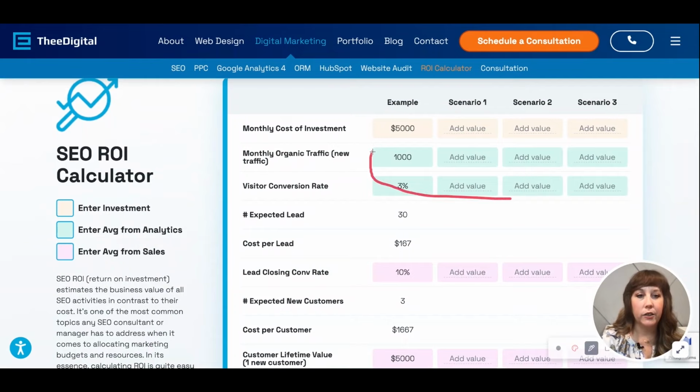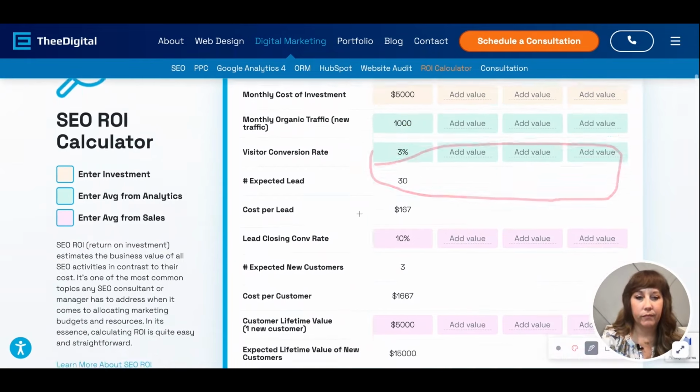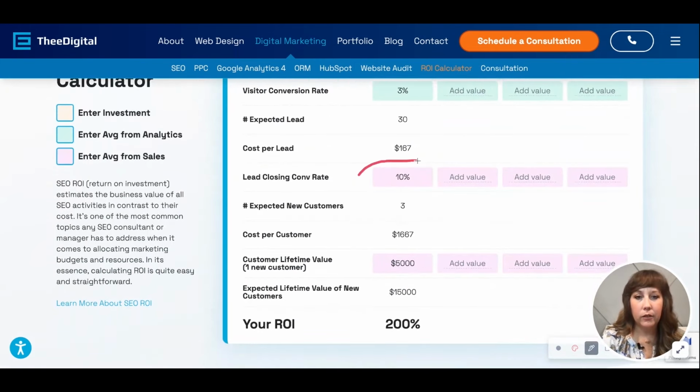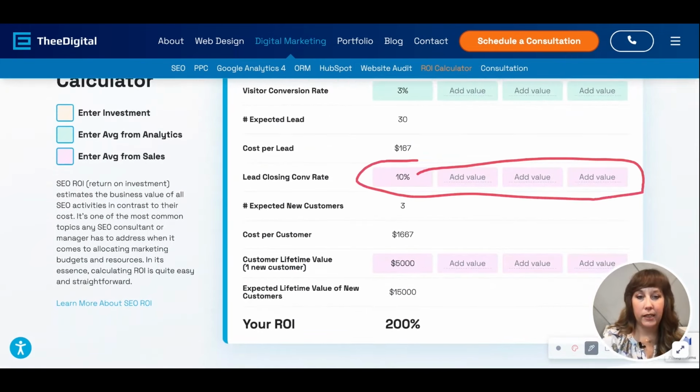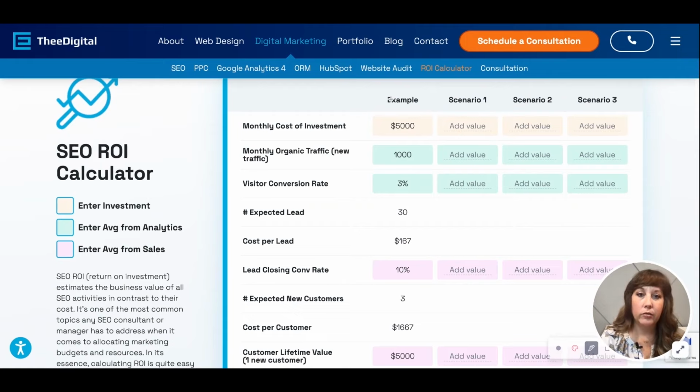The green cells you can get from Google Analytics or maybe a marketing tool. And the pink cells you'll get from your sales team. Now I'm going to review the example in the first column, but there are also 3 other columns here so you can play with the numbers with different budget and analytic scenarios.